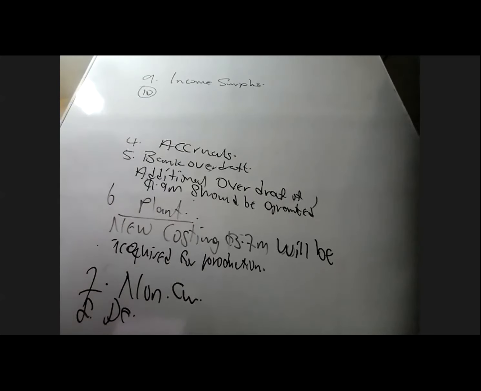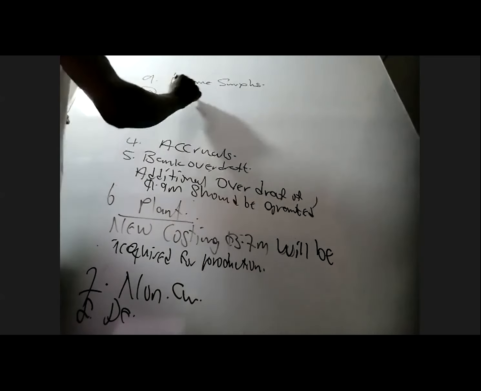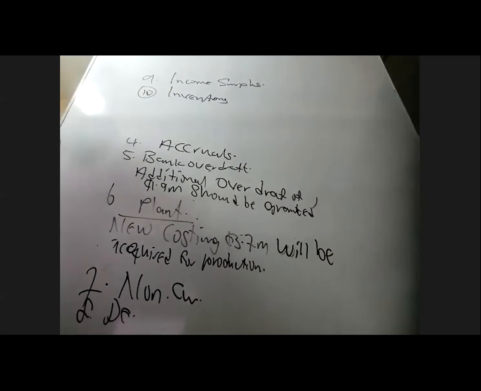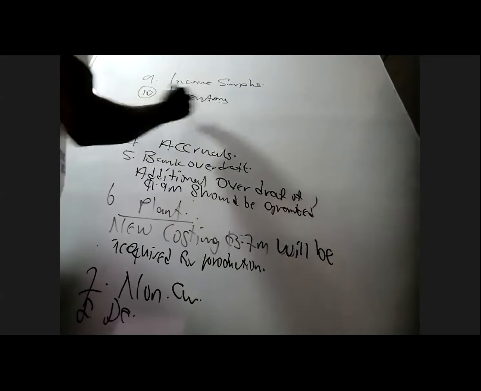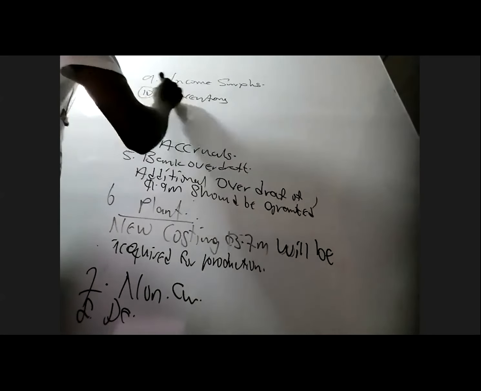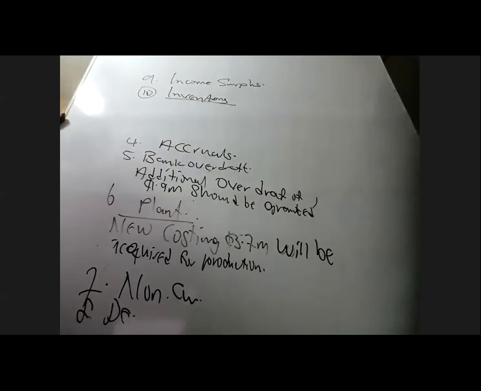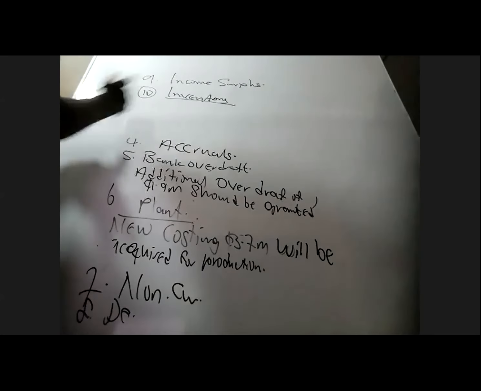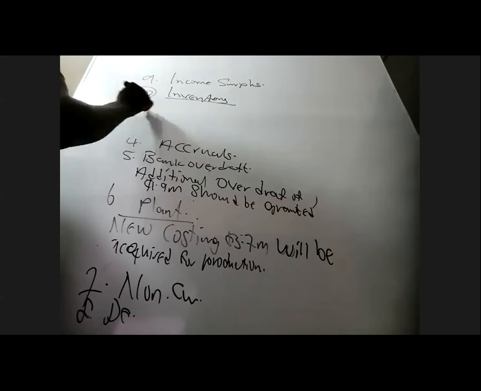And here in the discussion, we are talking about what they should do. So inventory must be stated at their current value, at their book value. 11.